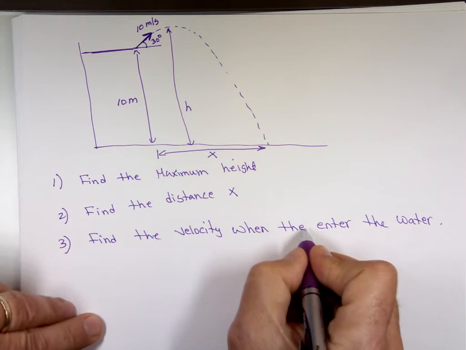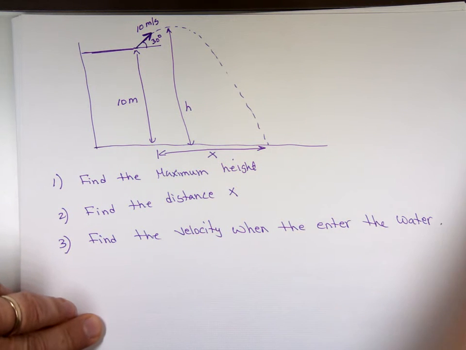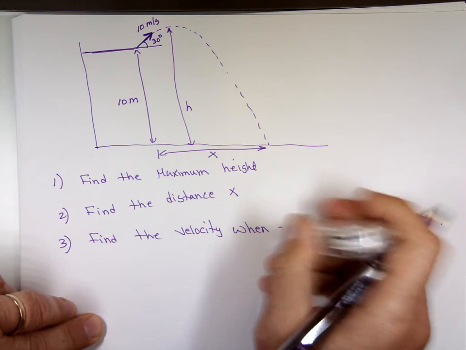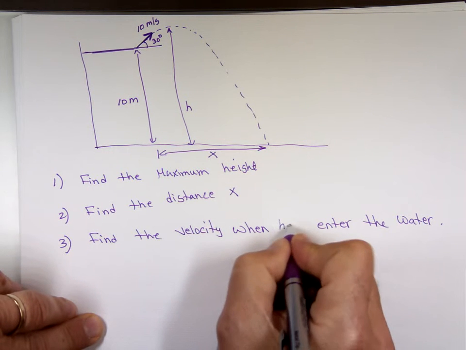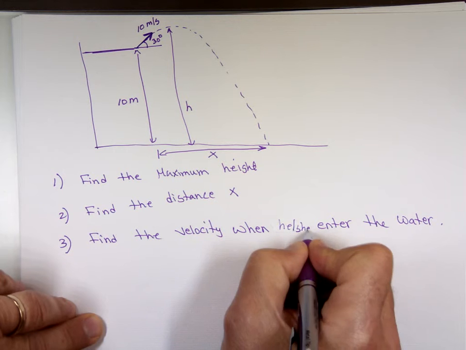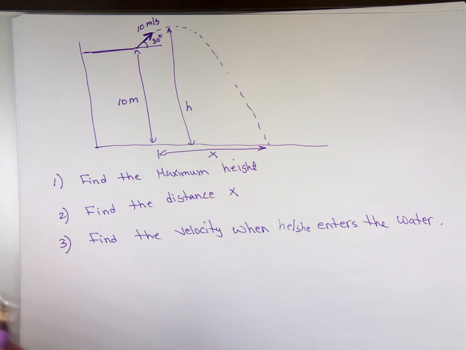Instead of the diver, I want to say he/she, but I left the word diver out. When he/she enters the water. I asked for the velocity, not the speed. That means you have to give me value and direction.